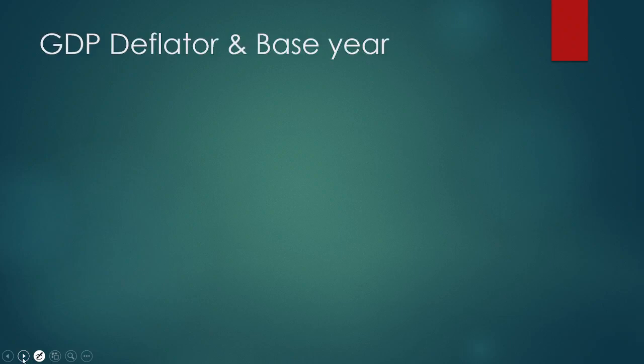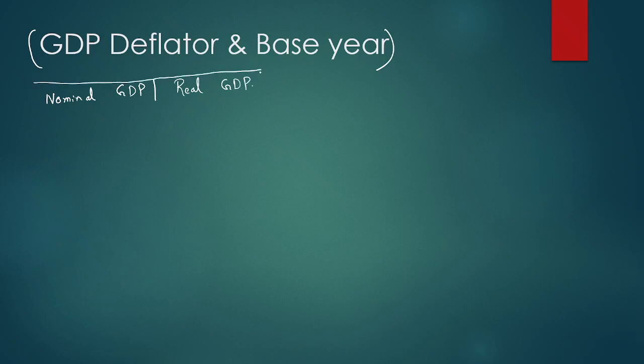Now we will come to PPP. Let's read about GDP deflator and the base year. Before that, I have to explain some things like nominal GDP and real GDP. Okay, so again I will cite some examples of quantity and amount.